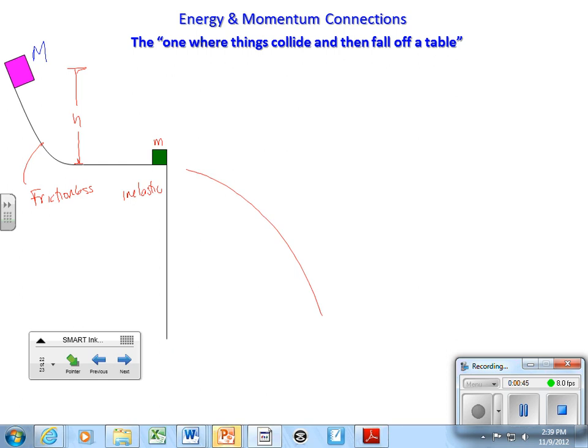They're going to turn into a horizontally launched projectile. So there's really three parts of this, and let's say we want an expression for this that we call delta x. Well, we'll have to say that this table has a height delta y. That's something we'll have to throw in there. We'll say that this thing starts at rest.